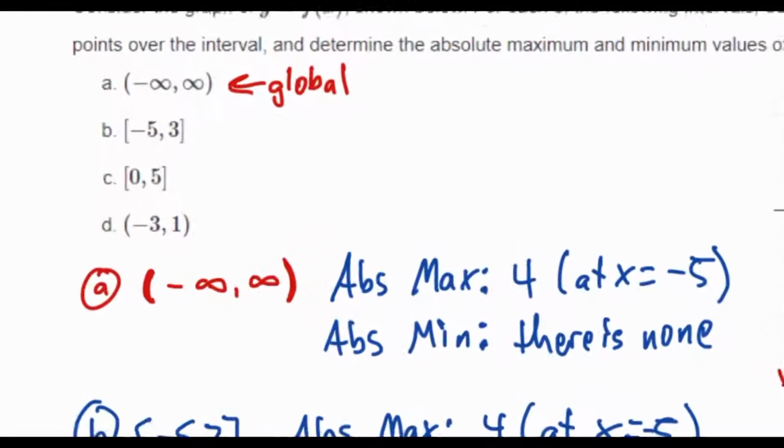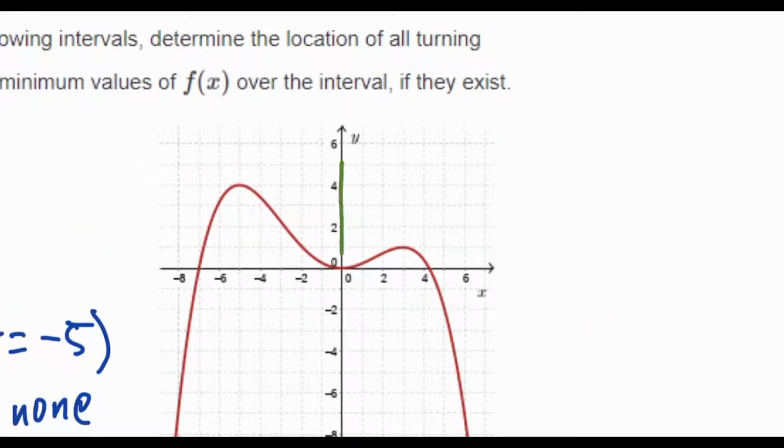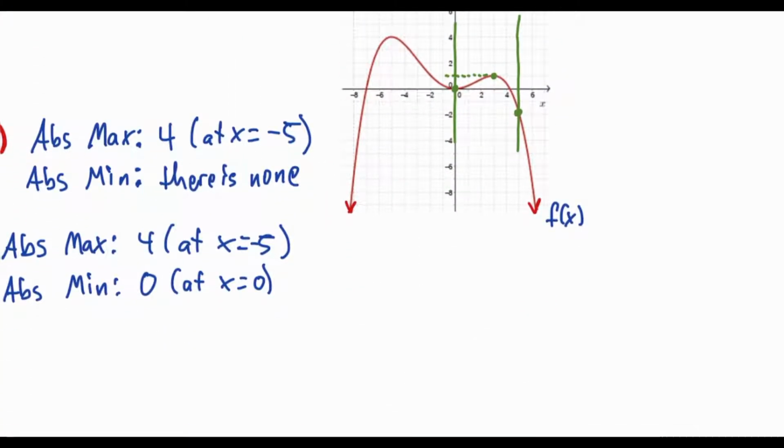We're looking at the interval inclusive 0 to 5. So we're going to be looking from 0 to 5. Let's look for any turning points inside that interval, and I have a minimum value here, which is also at an endpoint. I have a local maximum right here, and then my endpoint here. All right, what is the highest point on my curve here? Well, it's going to be my local maximum here, and that's going to be at 1.